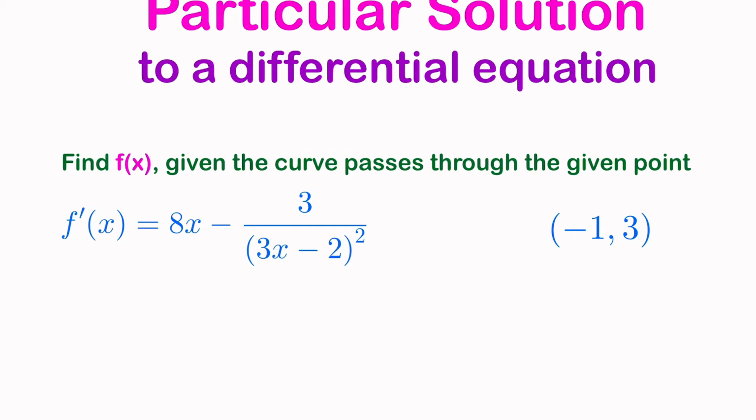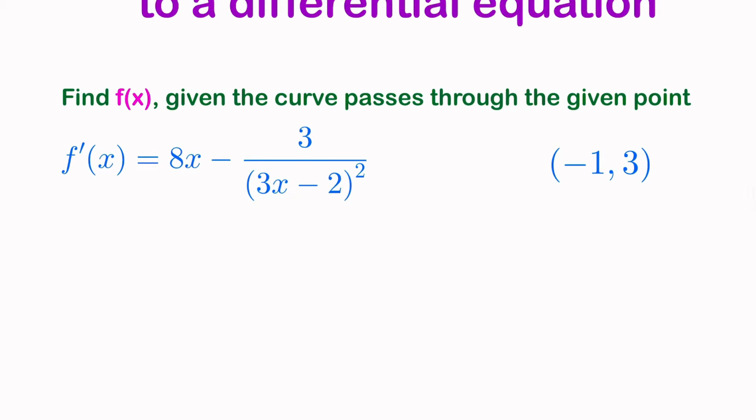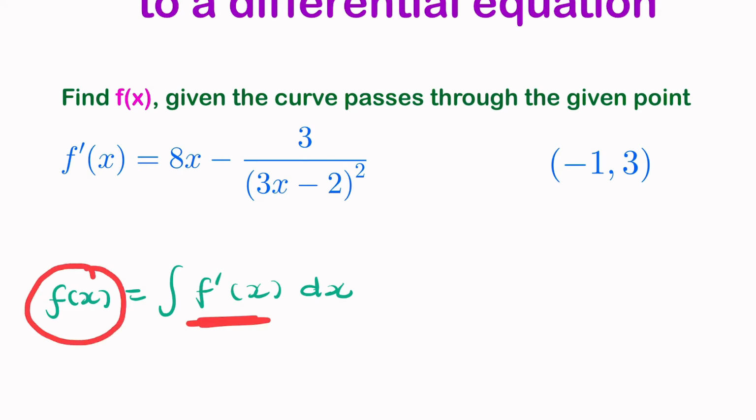So I'll start the question off by saying f of x equals the integral of f prime of x. So the integral is the inverse of the derivative, or the antiderivative. So we can integrate this to find f of x.